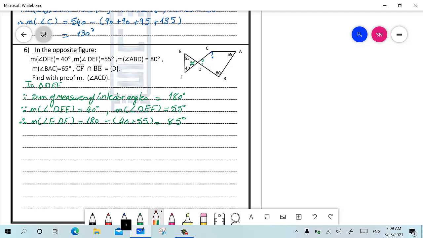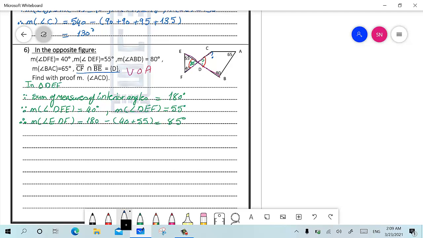Now let's have a look here. Those two lines are intersecting lines. And we know from last term that intersecting lines form vertically opposite angles. So this means that this angle, which is 85 degrees, is going to equal this one because they are vertically opposite angles. To write vertically opposite angles in a proof, that's so easy.